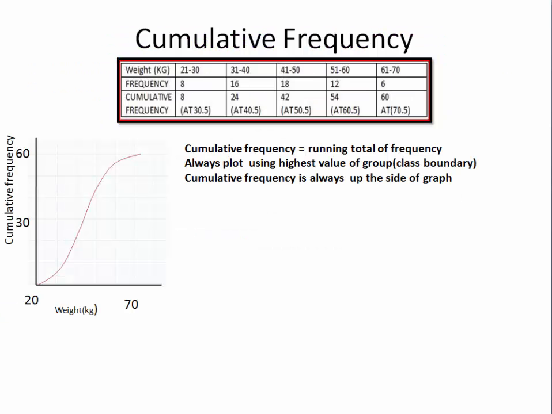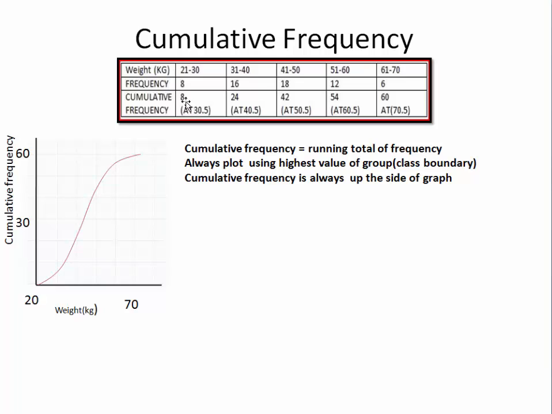We can draw a cumulative frequency chart or a diagram or graph. We do this by having our weights, which are range, quantitative data. So we have the frequencies of people with those weights.